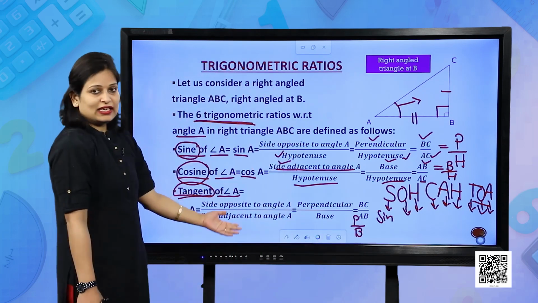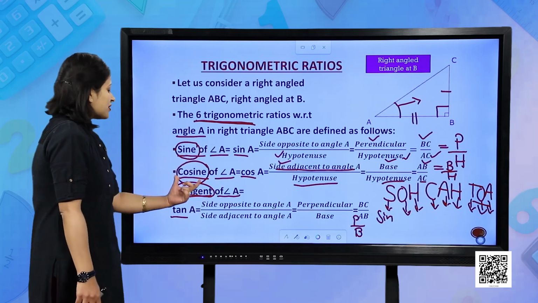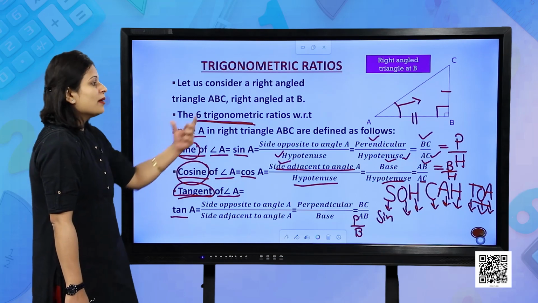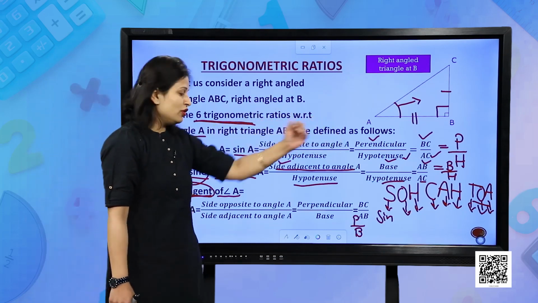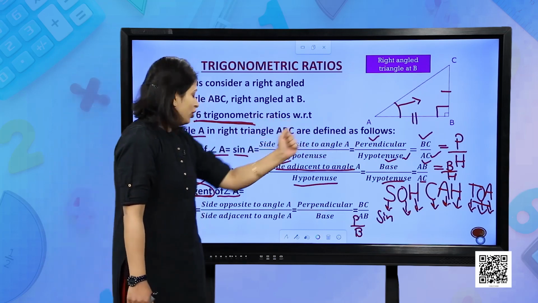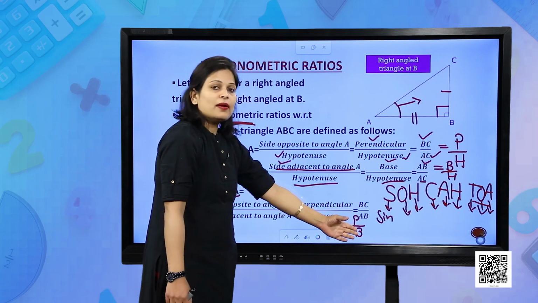Now, you can easily remember the definitions of the sine, cosine and tangent functions. Sine is perpendicular upon hypotenuse. Cosine is base upon hypotenuse, and tan is perpendicular upon base.